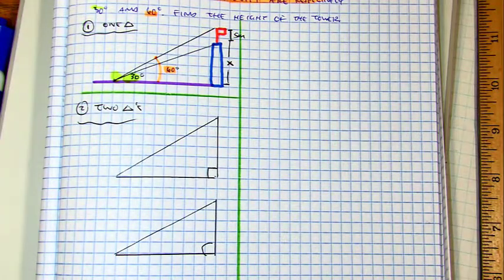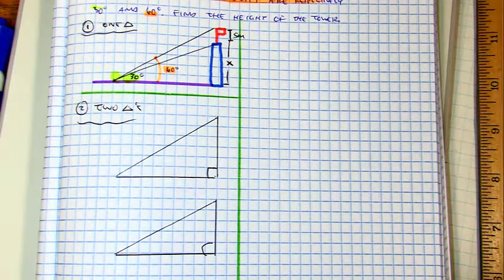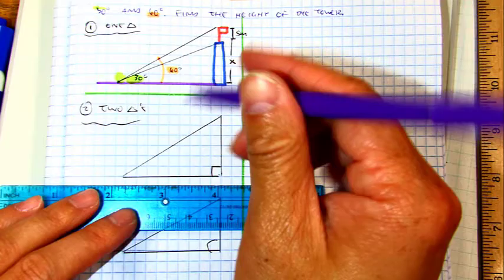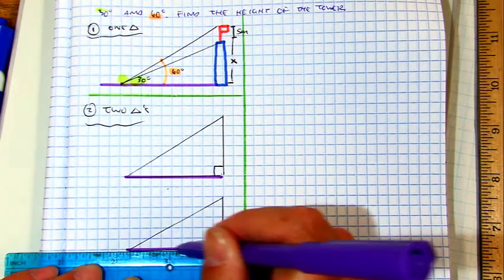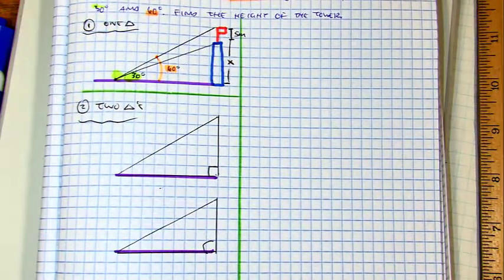So now let's go ahead and take our triangle and let's separate into two triangles. Obviously, they both have the horizontal plane, the ground, in purple. They both have that, right?